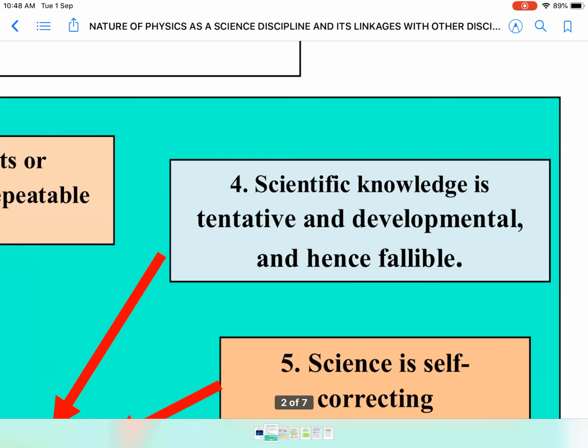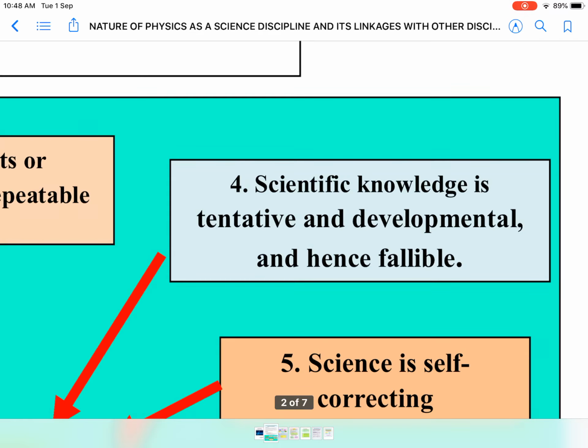From time to time, new hypotheses, new theories, new principles are developed, and the previous knowledge will be replaced by the new knowledge also. So in this statement, we can find it is very true.